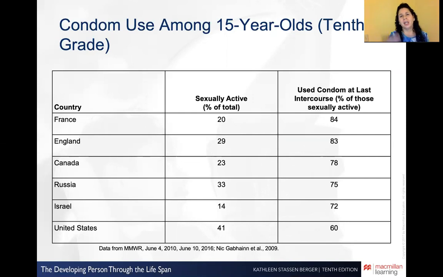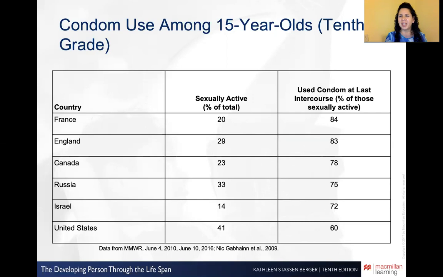Which country has the highest proportion of 10th graders having sex? Again, the US of A is the winner, with 41% of our 10th graders being sexually active. Now, of those that are sexually active, which country has the highest percentage of their 10th graders using condoms or having used a condom? Man, those are some impressive numbers for England and France.